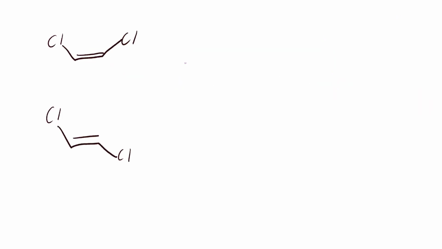So now we begin with cis and trans double bonds. This is going to be classified as cis. Notice that this chlorine relative to this carbon is up, and this chlorine relative to this carbon is also up. When 2 substituents are in the same direction, for instance, these chlorines are both facing upwards, they're classified as cis, because cis means the same.